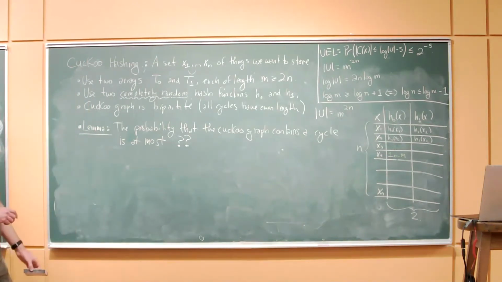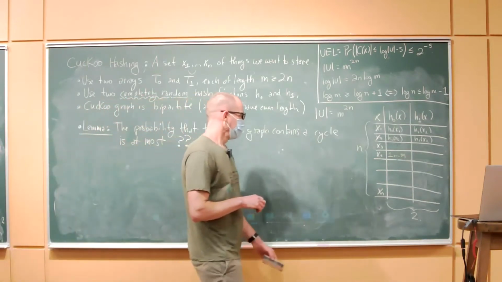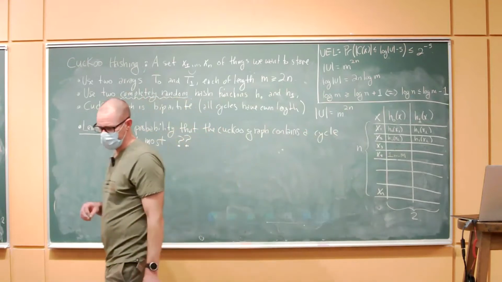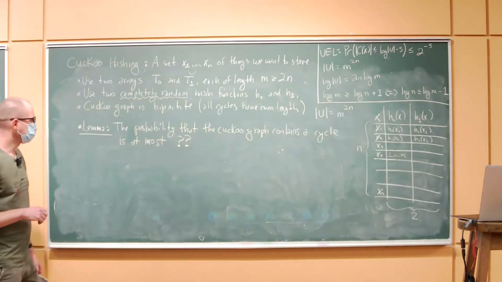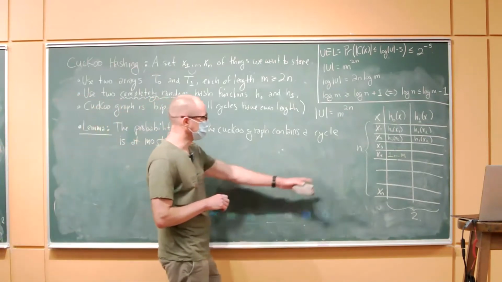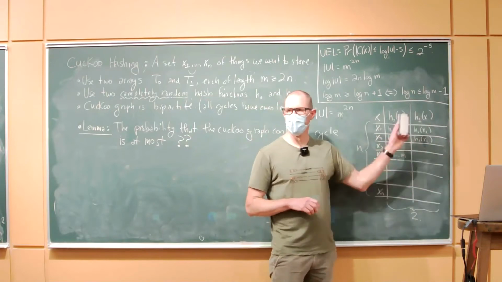All right, so we're going to try and do this with an encoding argument. We're going to try and find an encoding of this table which is somehow small when the graph has a cycle.